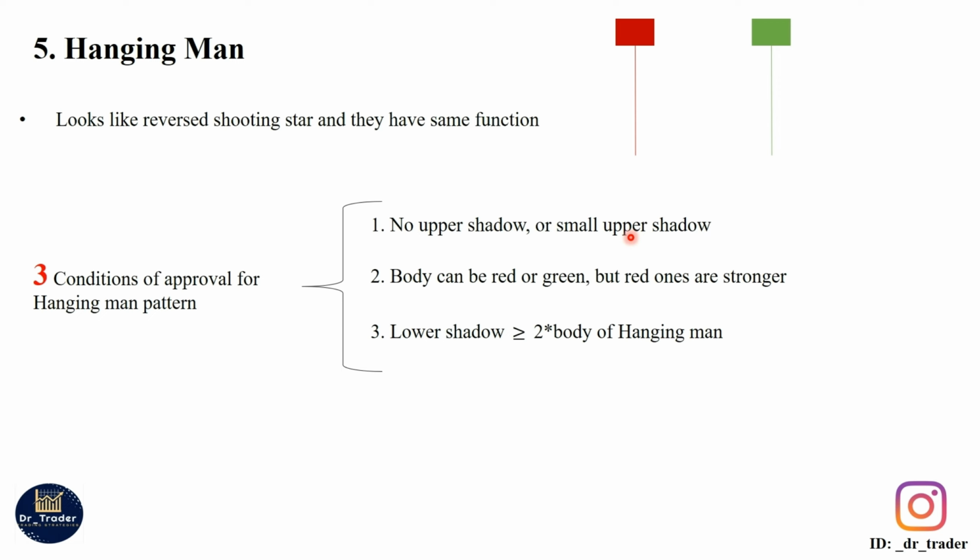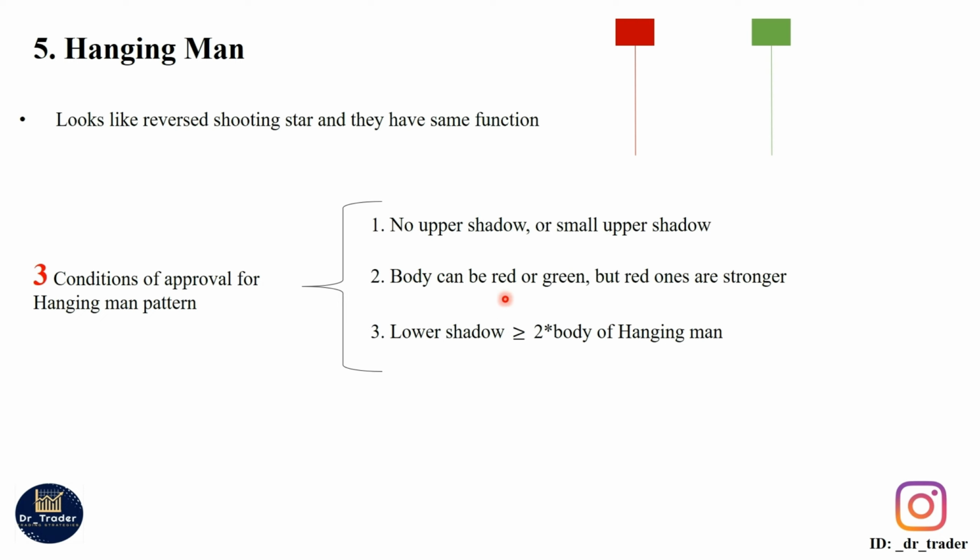And another candlestick pattern is hanging man. And hanging man, it's like reverse shooting star, and also they have same function. And also there are three conditions for approving the hanging man pattern. The number one is there shouldn't be any upper shadow, or at least the upper shadow should be so small.